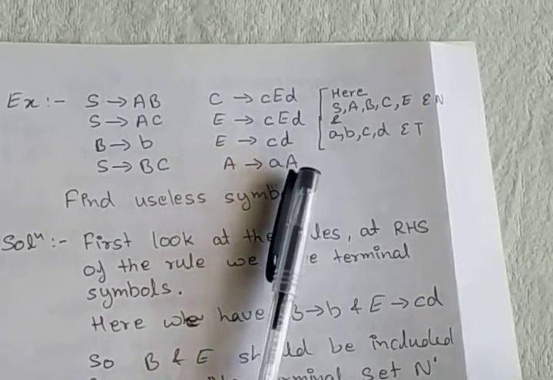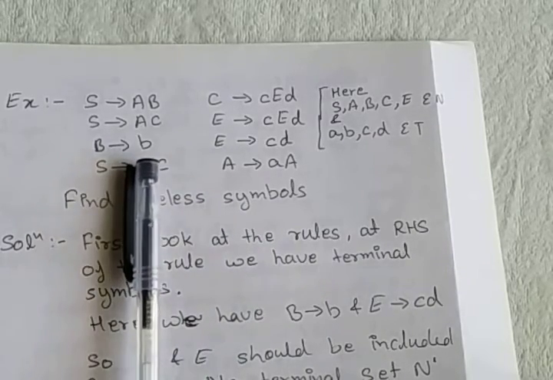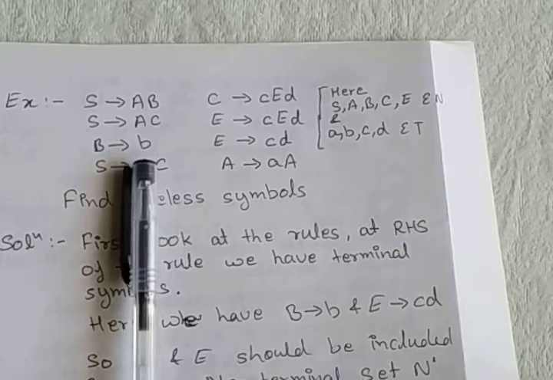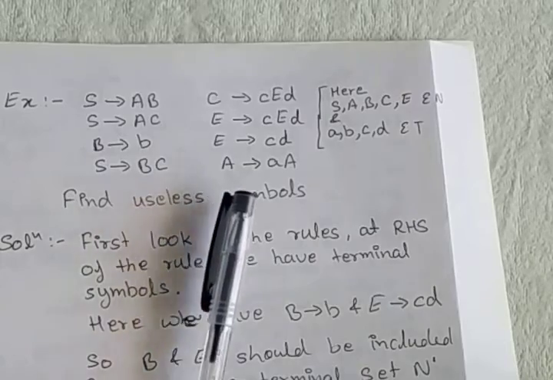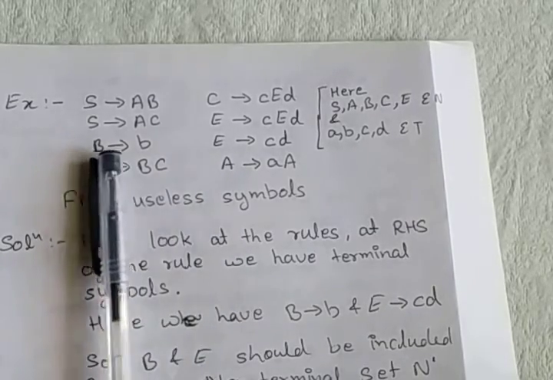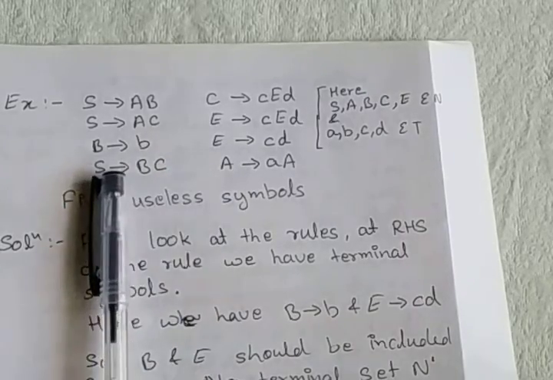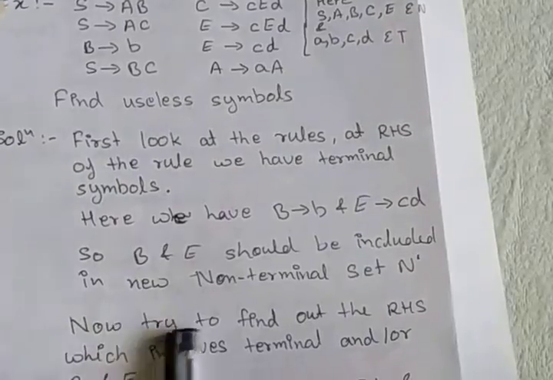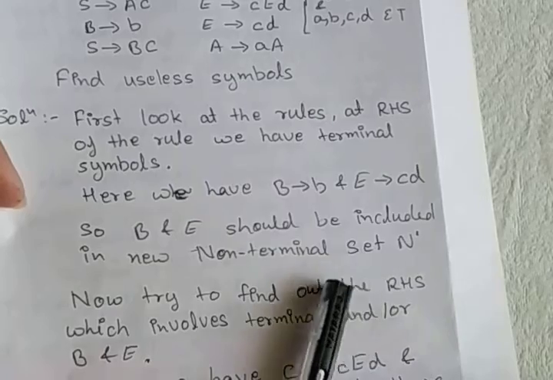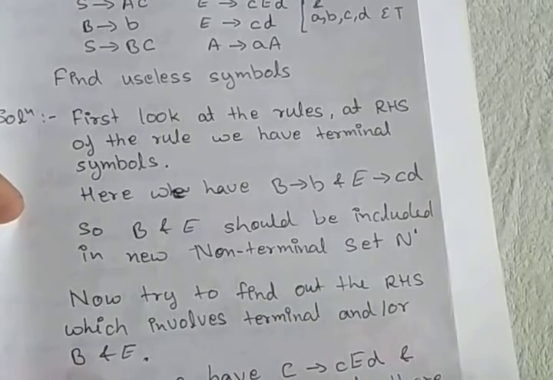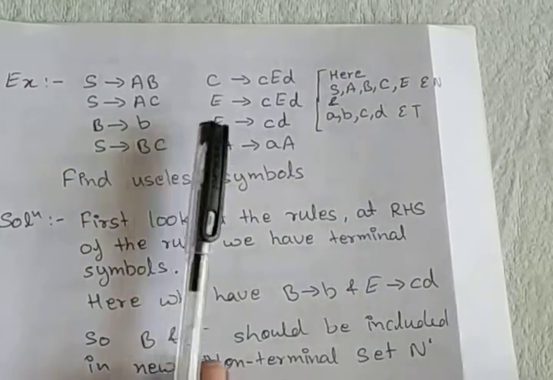For finding useless symbols, a new grammar will be generated, and in this new grammar the set of non-terminals, suppose we call it N', should include B and E. Now we include B and E in the new set N'. Now find the rules where B and E occur on the right hand side.